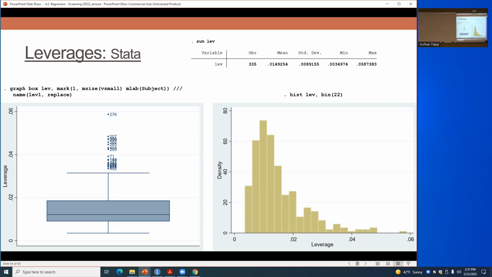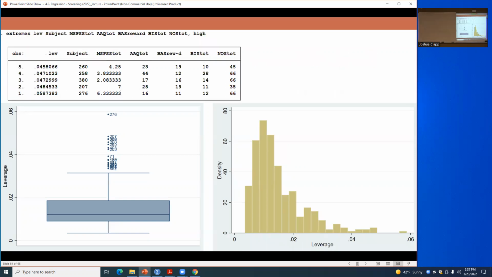Now, you can do this in SPSS, it just takes a couple extra steps. What I've done here in Stata is ask Stata to give me the 5 largest leverages from this set, okay?